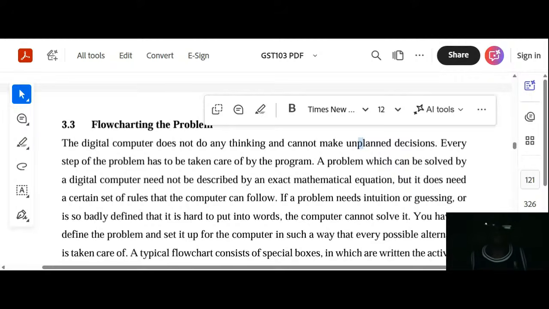So if you want to use a computer to write an algorithm on how to brush your teeth, you must specify every action, because your computer doesn't know how to brush your teeth. Step one, you have to get to the toilet or wherever you do it. Step two, you have to get a toothbrush.